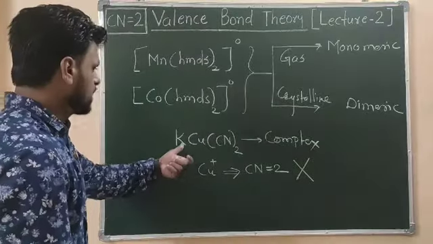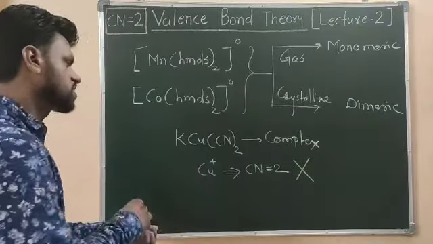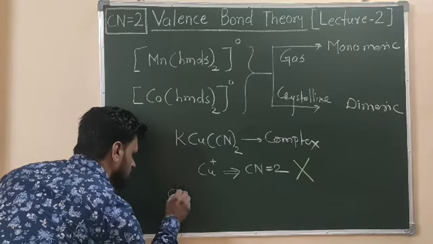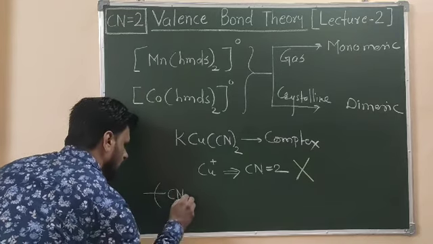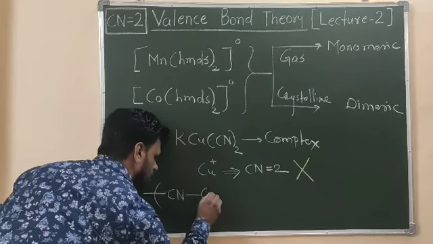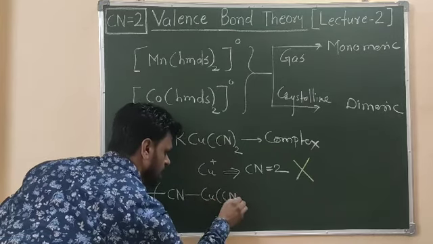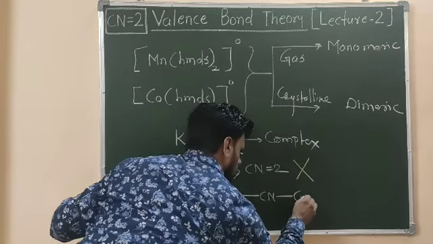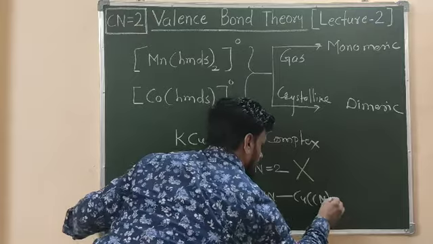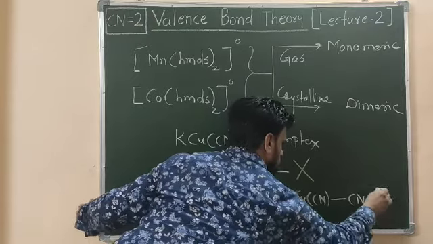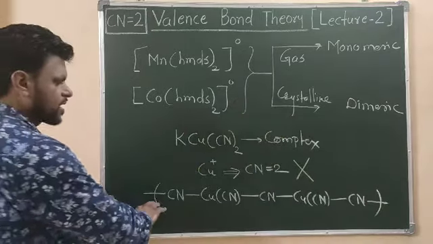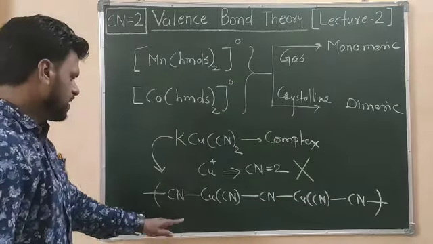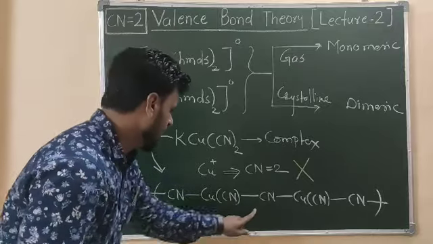Why wrong? Because in the crystalline state, this complex actually has a polymeric nature, and is a polymer kind of thing, and we have cyanide and we have copper and CN, and again we have cyanide and again we have copper, CuCN, and so on. So this is what a polymer kind of chain is, discussing the same thing, and this is first, second and third.